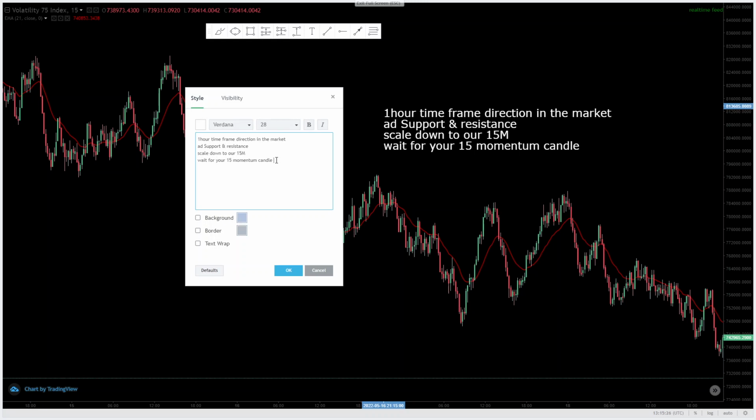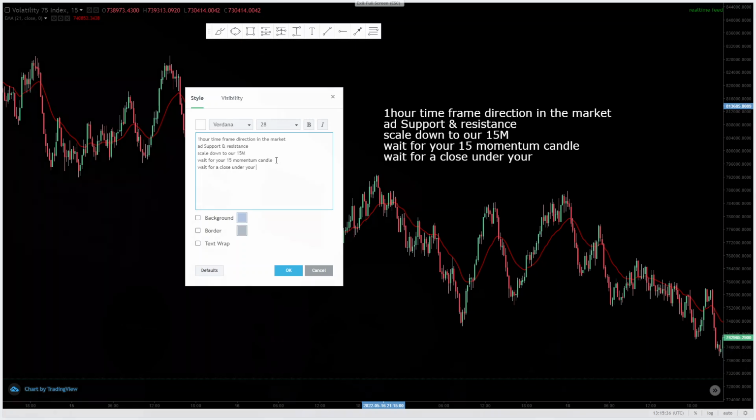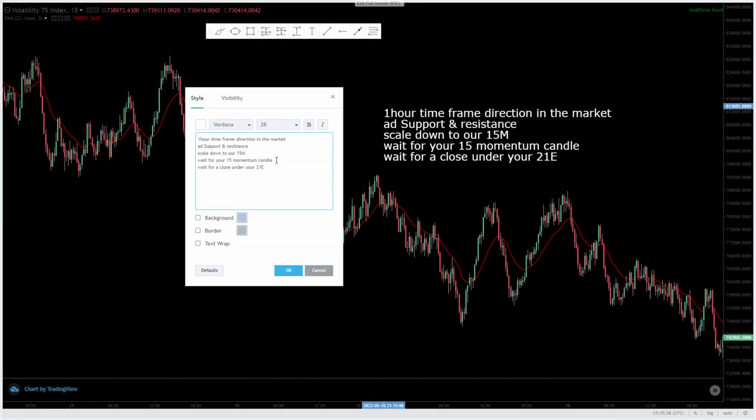This is the candle you're gonna wait for. And also wait for a close under your 21 EMA. Please add it in, guys.